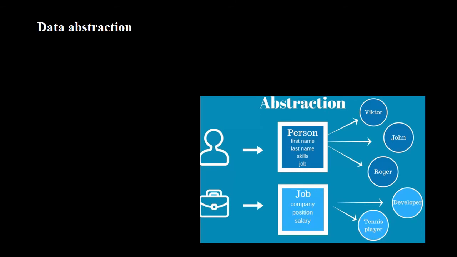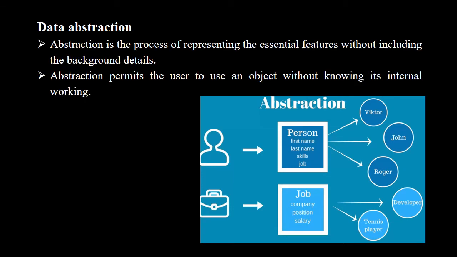Another important concept of OOP is data abstraction. It is the process of representing the essential features of a class without including its background details. It allows the user to use an object without knowing its internal working.